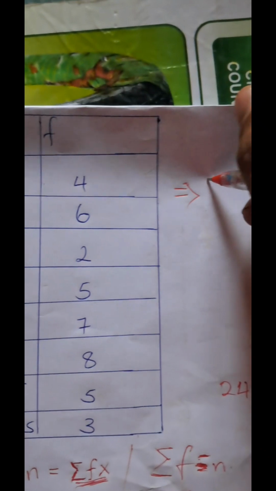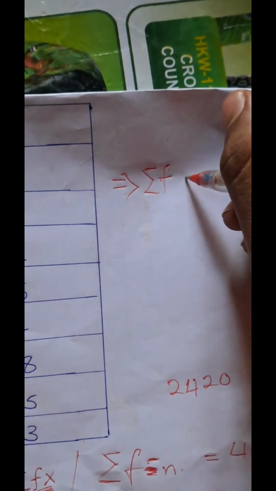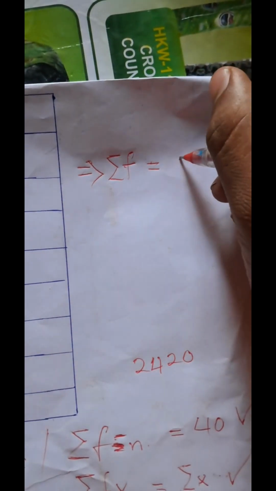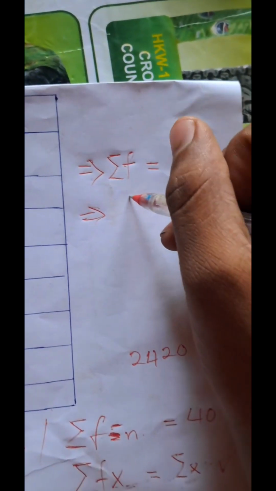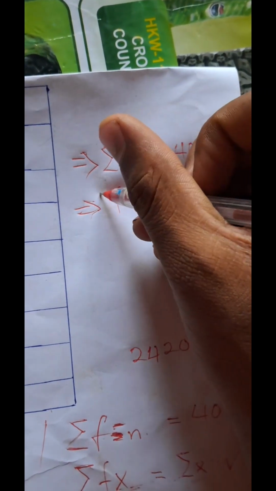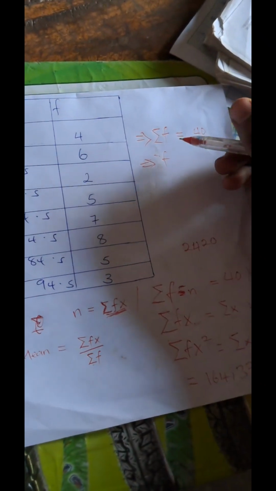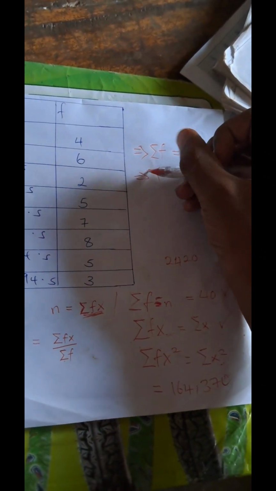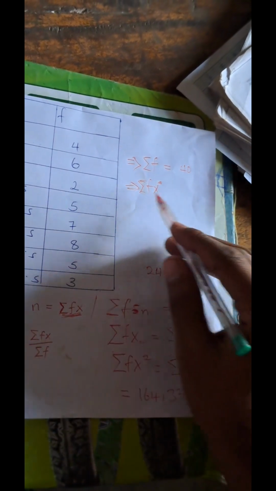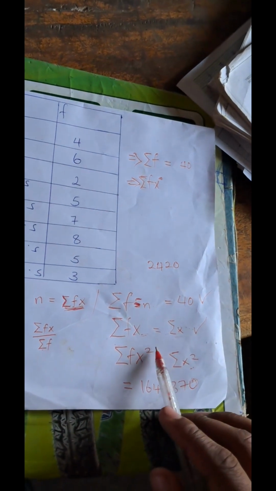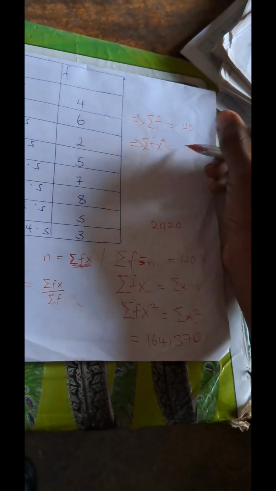So as we use the calc, we got our summation of f as 40. Then summation of fx, we got it as 2,420.